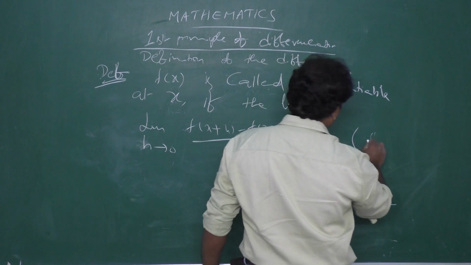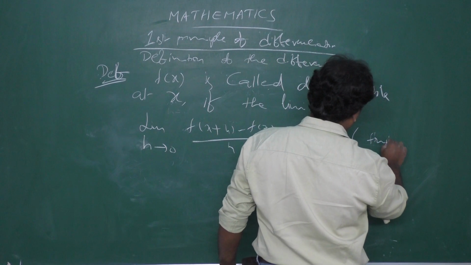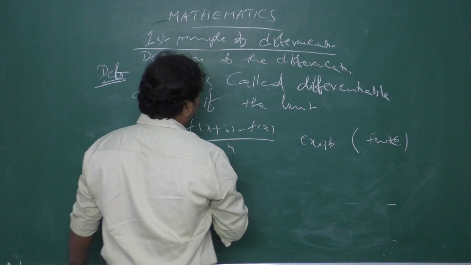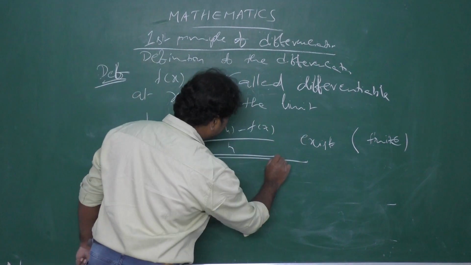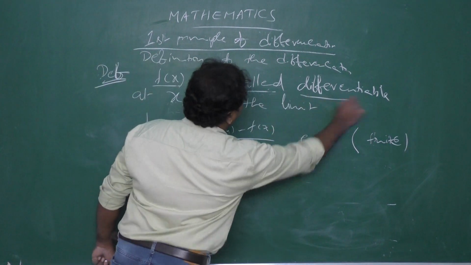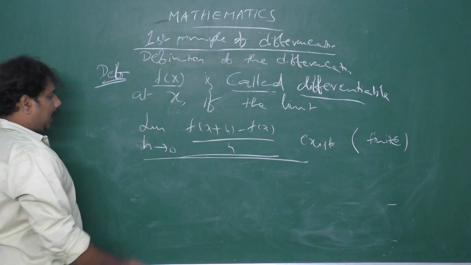Generally, the limit must be finite to exist. If this limit exists, then we can say f of x is called differentiable.